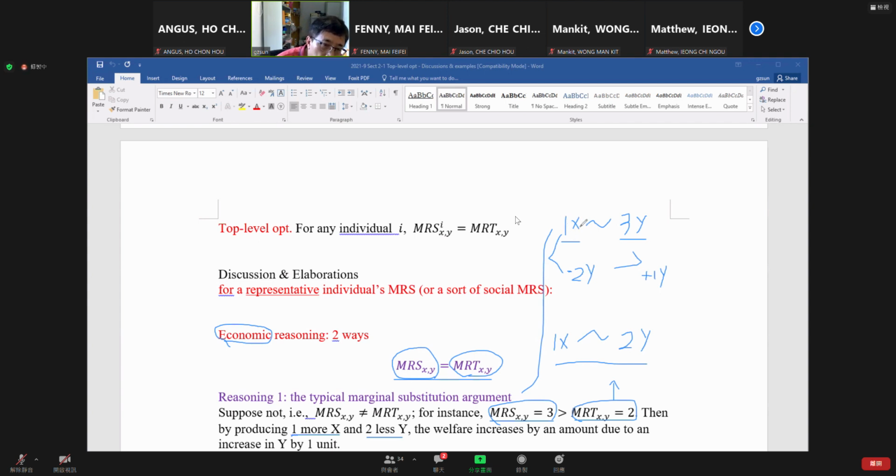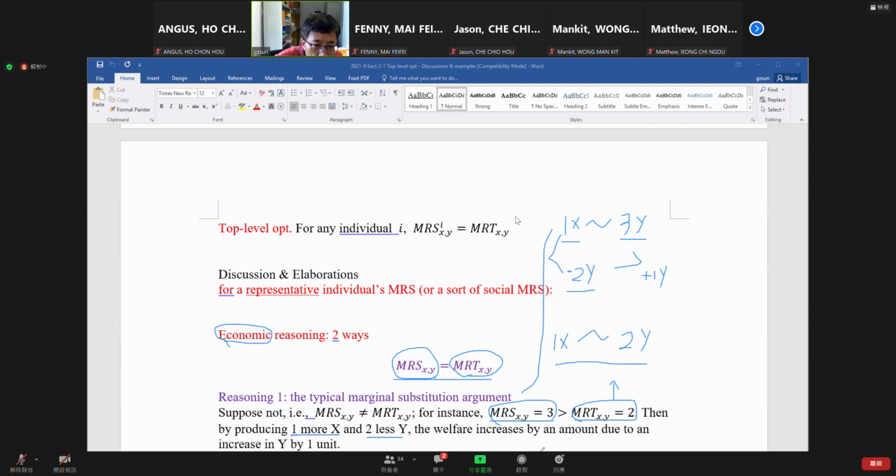This increase in X is equivalent to an increase of 3 in Y. At the same time, by producing 2 less Y, we still end up with 1 more Y altogether.